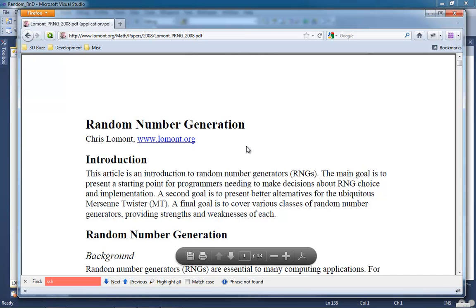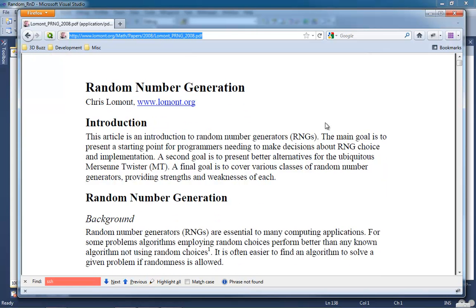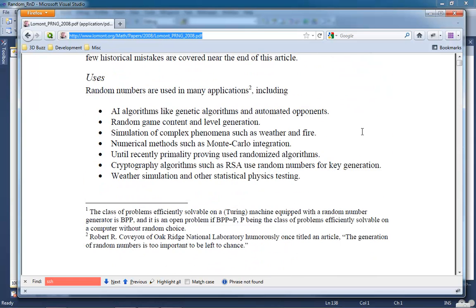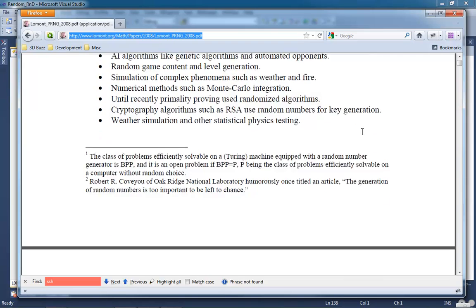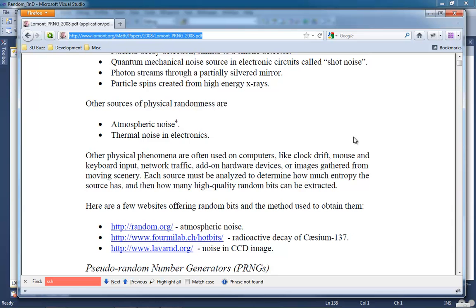Before we get into it, I'd like to recommend anybody who wants to read more about this definitely do some searches. Wiki has some good stuff. One of the better papers that I found was this one, which does a very good overview of the different types of number generators that are out there, gives you some background and breaks it down into the cryptographic level algorithms, the non-cryptographic, as well as hardware random number generators.